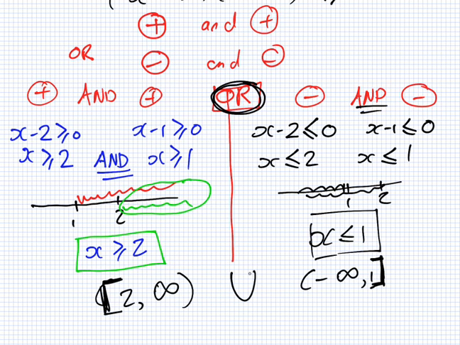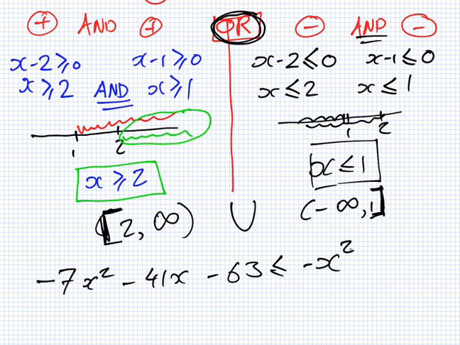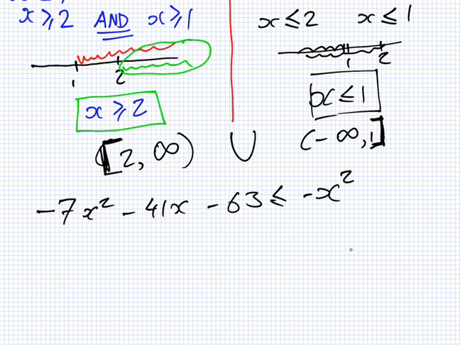Okay, let's have a look at another example of this one. It's a tiny bit more complicated. Minus 7x squared minus 41x minus 63 smaller than minus x squared. Now this looks much more difficult, but it's not really, because all I have to do is take this to the left.